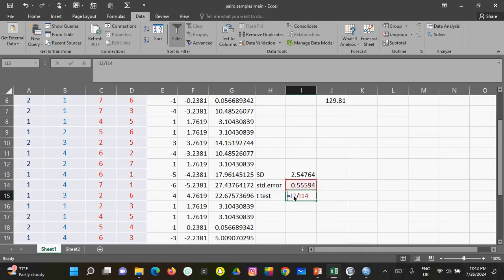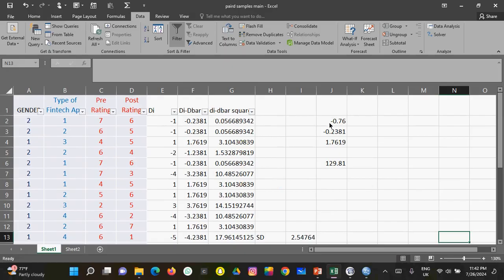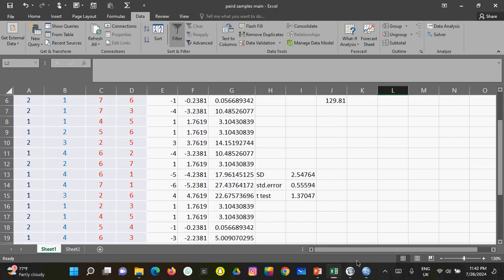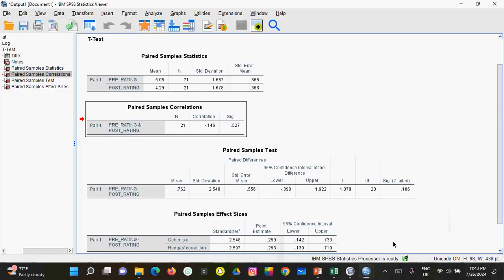Remember, it's going to be an absolute figure, because on the T table we can't get a negative. So 1.37047, let's check in here. How did we get 1.37? So you see the same thing. We've worked like the machine. You get it? So that is it up to this point.